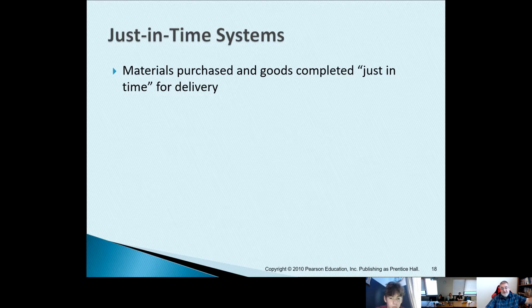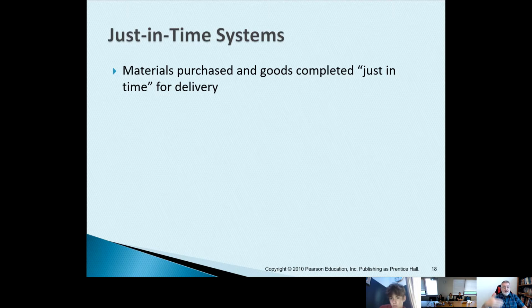But by having 20 sitting on the shelf, I could get my customer what they needed right now, and that gave me time to order the material, so that I wasn't having to keep all that material on a shelf somewhere where I've already paid for it and it's sitting out there rusting, as opposed to ordering it, getting it in just when I need it in order to make it.